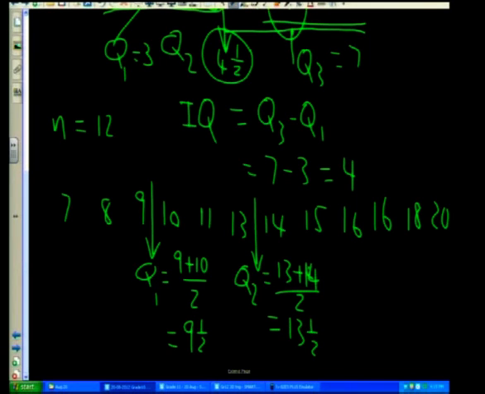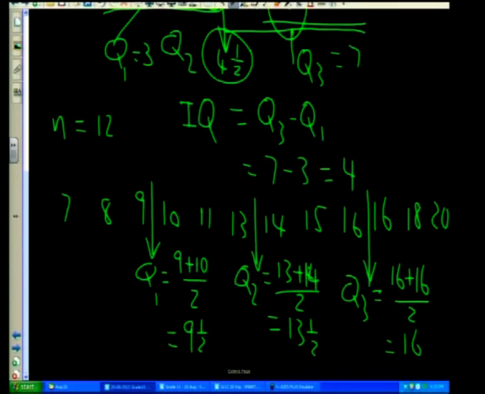Okay, so next will be quartile 3, which will be after 9 points. So that would be quartile 3. Quartile 3 is equal to 16 plus 16 divided by 2. Anyway, that gives us the same value.